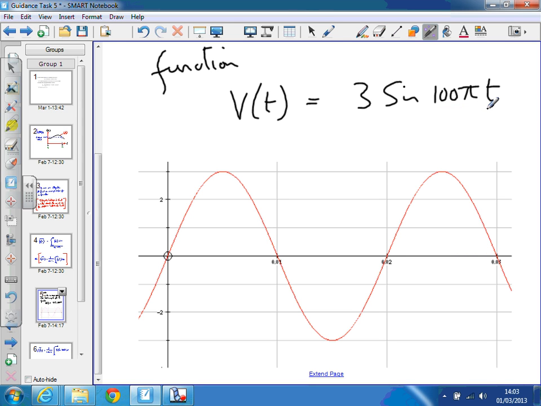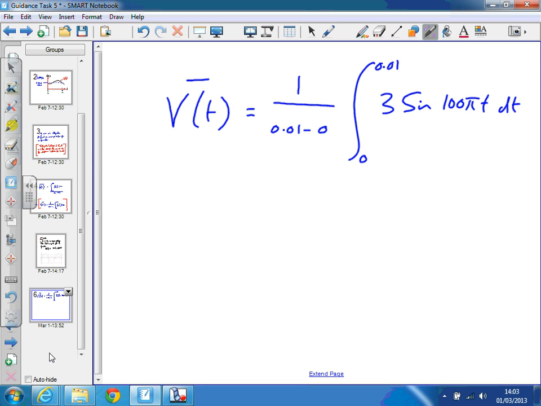So we're going to average this over half a cycle between 0 and 0.01. So we write down the average value of the function is 1 over 0.01 minus 0 times the integral between 0 and 0.01 of the function.